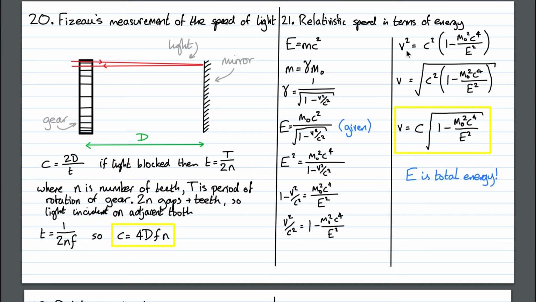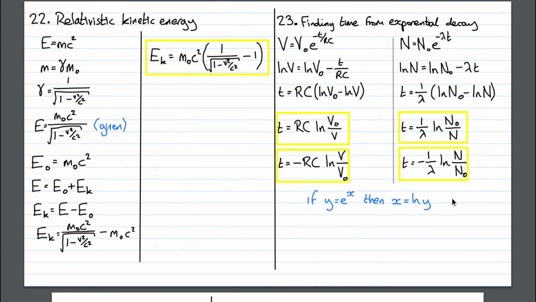Multiplying through by c squared, you get this, and we're just tidying it up. Take the square root of both sides, and you've got c squared under the square root, so you might as well take that outside. So that is E, the total energy of your particle, and you can calculate the relativistic speed from that equation.